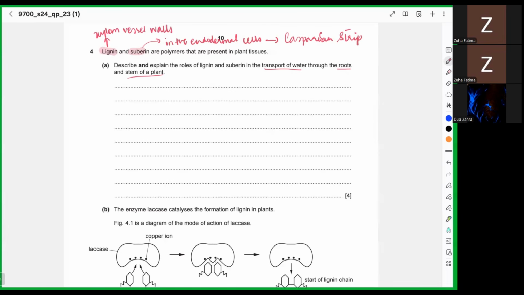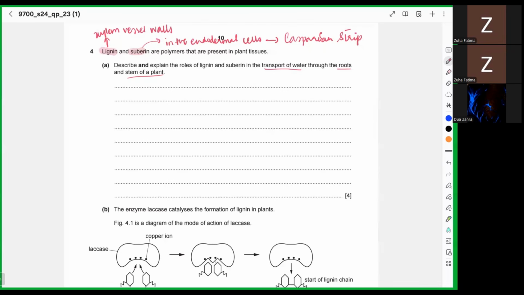So suberin's purpose is to block the apoplast pathway, cause all the water to pass through the symplast pathway so that everything which is present in the water, which is going to enter inside the xylem, is passing through a cell surface membrane so that only the substances which are necessary enter the xylem and any toxic substance, any pathogen, is basically prevented from entering the xylem vessel.